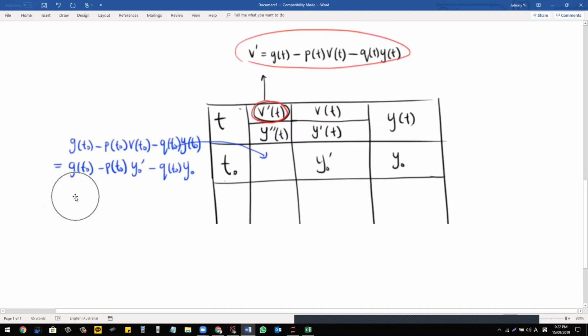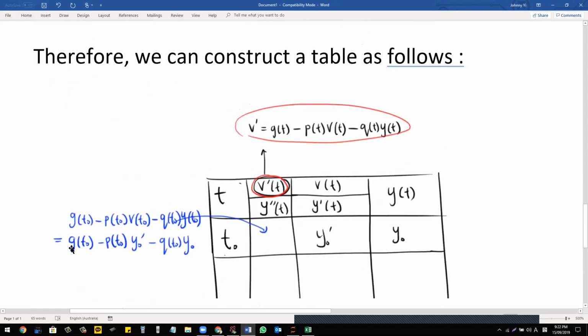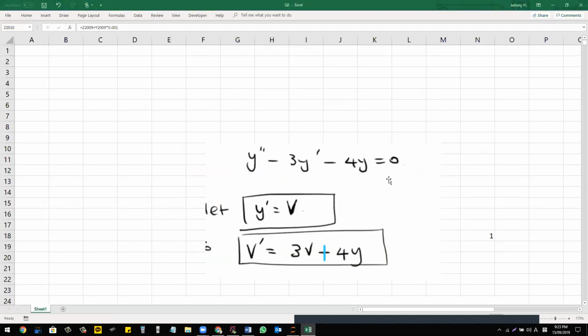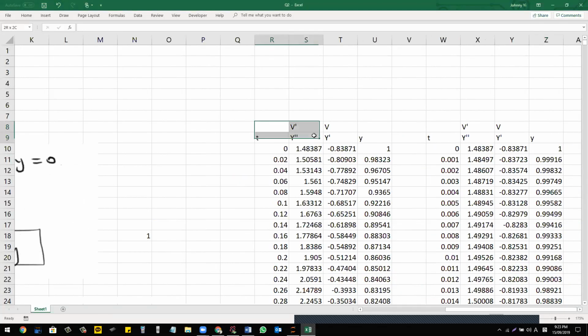One thing you need to know is that even though it looks like a lot of unknown stuff, they're all known. They already provide this value to you, so these are constants. This first row is the label, these are the variables, as you can see in the Excel sheet, it's just a label.